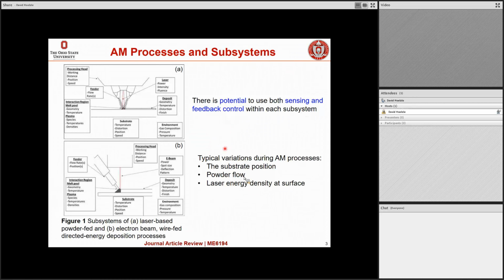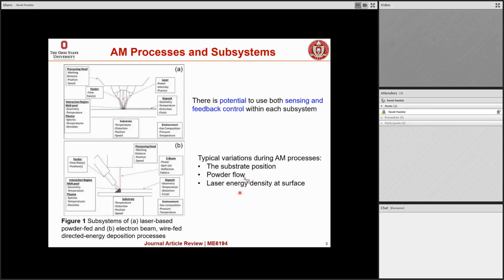The typical variations during the AM systems include the substrate position. The substrate position variation can come from misalignment or the powder flow, and powder flow variation can be caused by chamber back pressure change, powder clogs, or other instabilities.